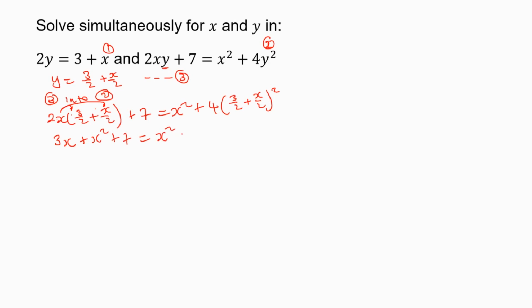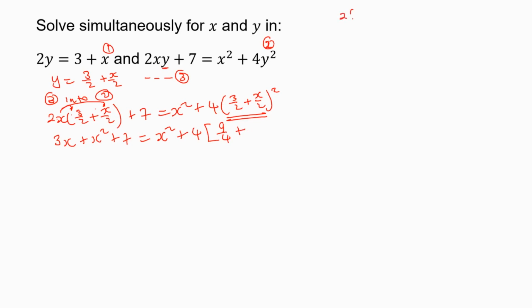And then plus 4. Let's expand this first. We're squaring a binomial here. What did I say? We square the first term here, which is going to be 3 over 2 squared. And then it's giving us 9 over 4. We take the sign, which is plus, and then we say 2 times 3 over 2 times x over 2.